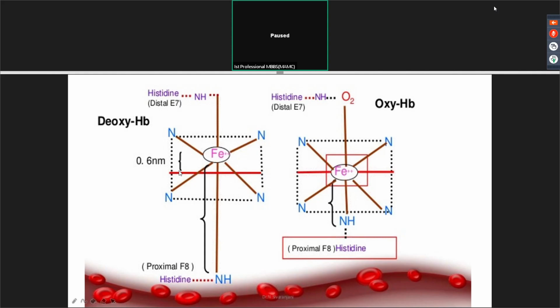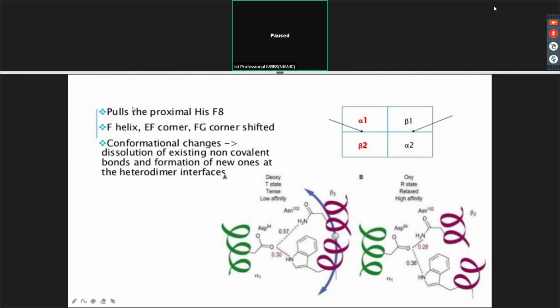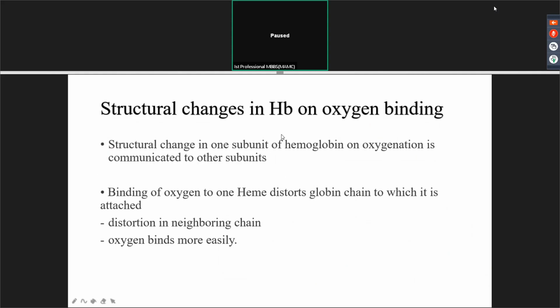If we draw a diagram, this is 0.06 nanometer above the plane, and as soon as oxygen binds, it gets drawn into the plane. There is also the movement of this proximal histidine, and as soon as this proximal histidine gets moved, there is movement of F helix, EF corner, FG corner, there is conformational changes and dissolution of existing non-covalent bonds and formation of new ones at the heterodimer interfaces.